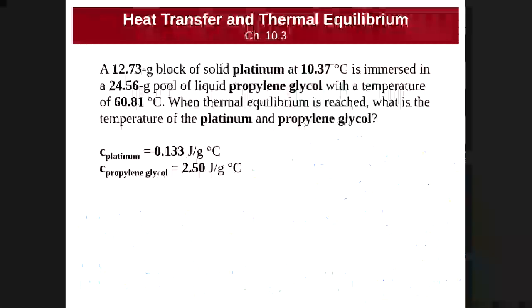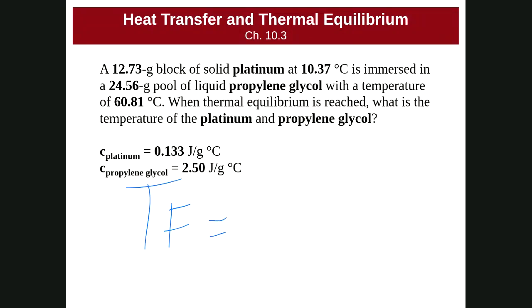And I'm going to erase and write our final answer. So the final temperature, T final, is going to be equal to 59.46 degrees Celsius. So the propylene glycol didn't go down too much in temperature. The solid platinum went up a lot.